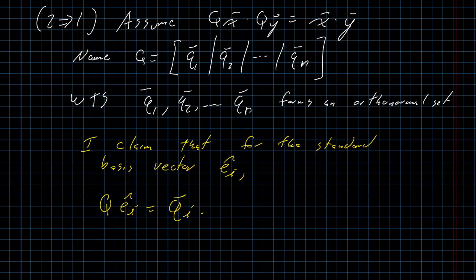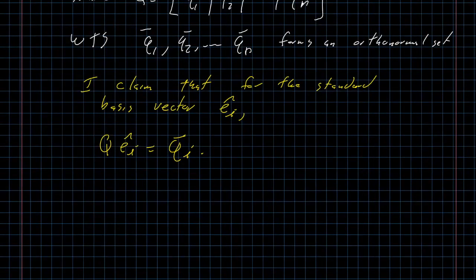This is an idea that we have used previously, but I'm going to state it here as a claim. It's something that this is going to hinge on that we haven't really established.